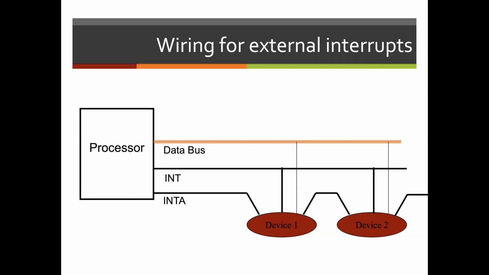So this provides for a generalized design to allow for multiple int and int A lines to exist on our bus with connection to the processor. And what we want to do is ensure that we have appropriate priorities or priority levels that are set for each of these lines.